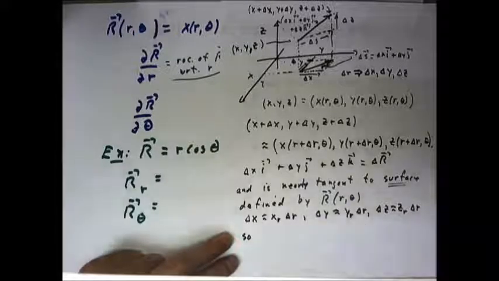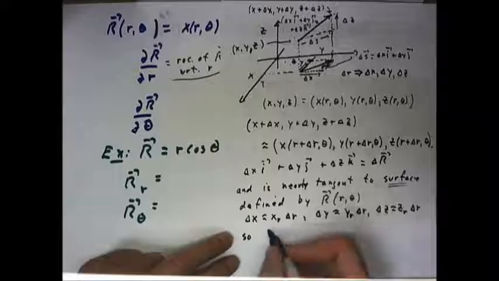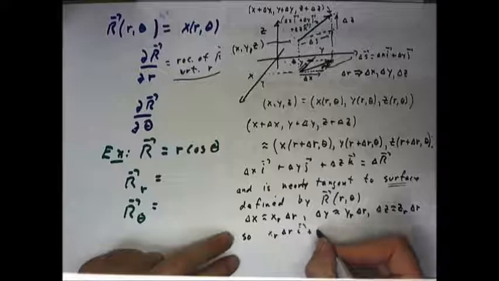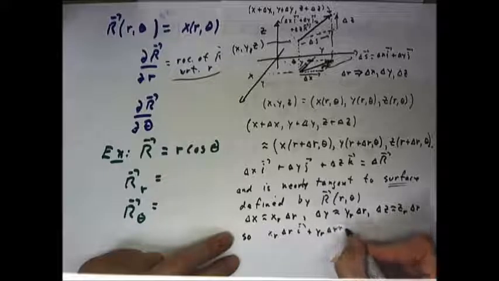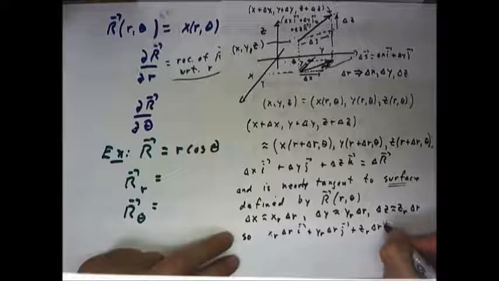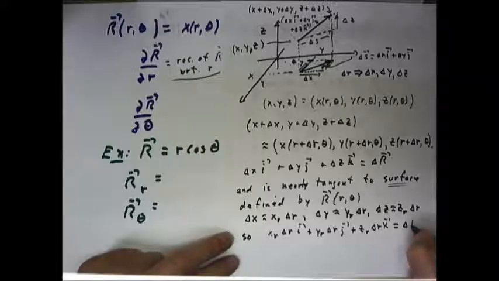So this vector becomes x sub r delta r i plus y sub r delta r j plus z sub r delta r k, and that is our approximate delta R.